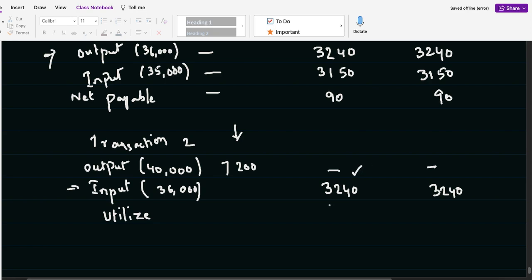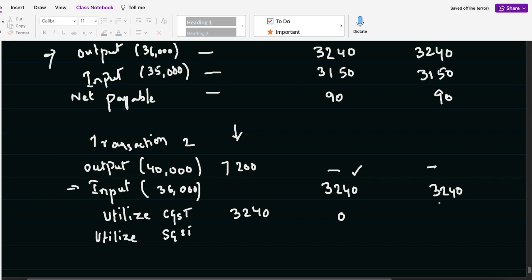So 3240 got offset by utilizing CGST. So 3240 is gone. Okay. Now utilizing the SGST to offset. So here 3240, 3240, 0.